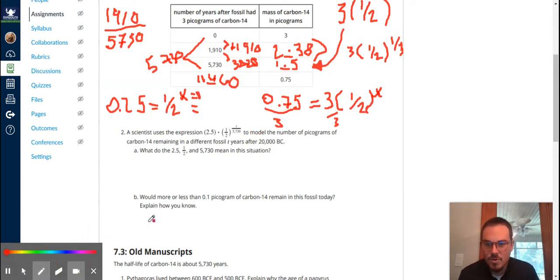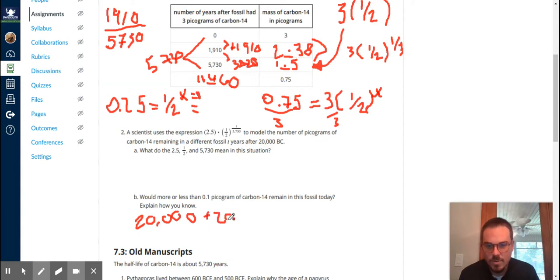So here we're going to put 20,000 plus the 2020 that we're at, and that means the amount of time that's passed is 22,020.